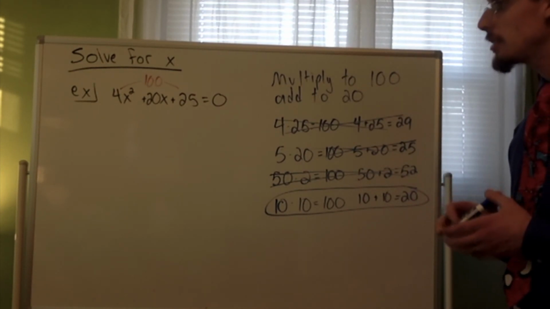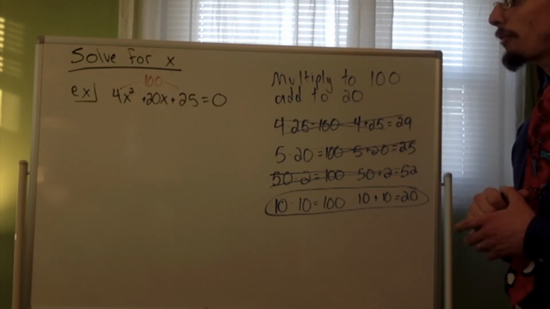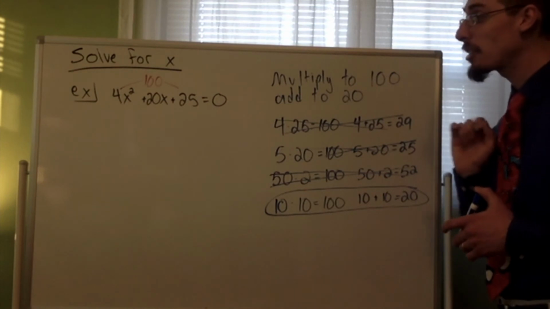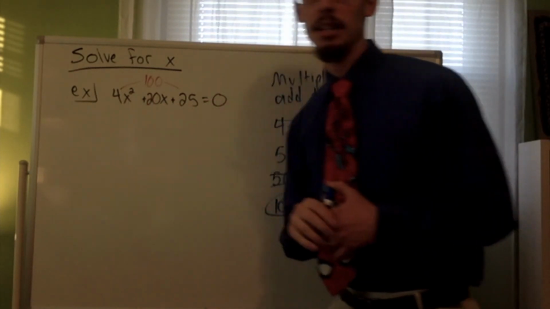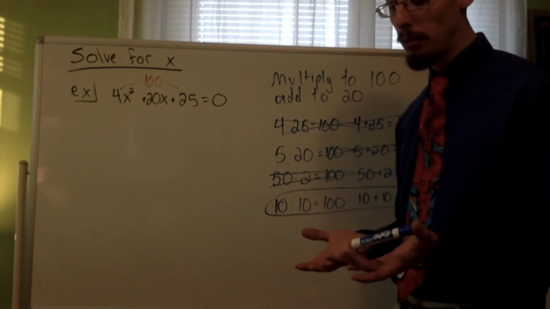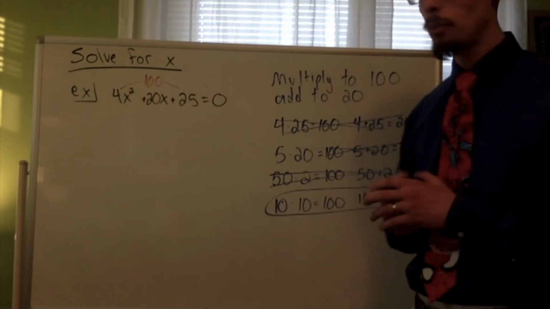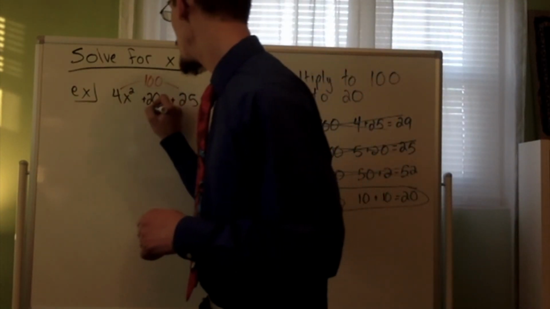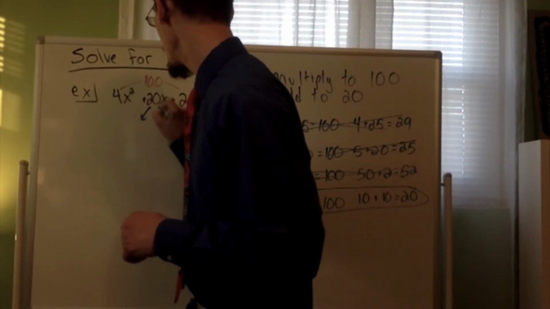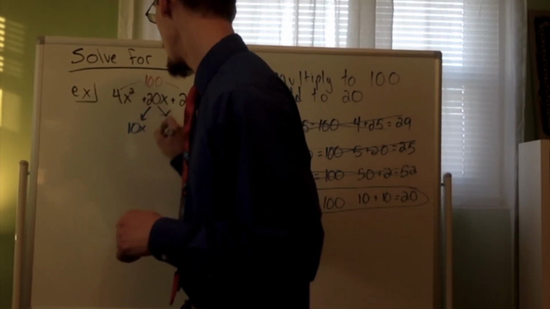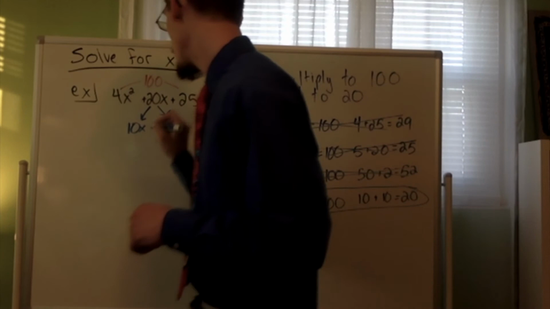Now, this is factoring by grouping at this point, right? Remember, to factor a trinomial like this, you have to turn it into a factor by grouping problem. Yet again, something else that we've learned about before. How does factor by grouping work? You take the 20x and split it up as 10x plus 10x, right?